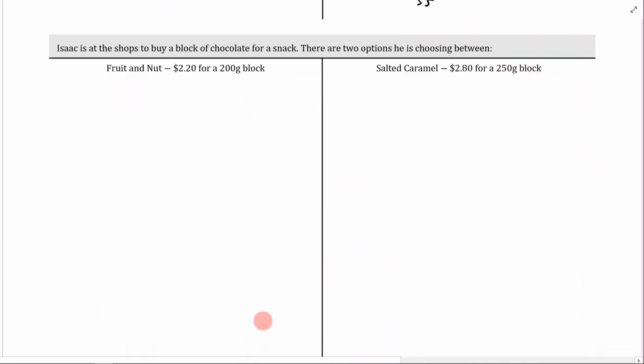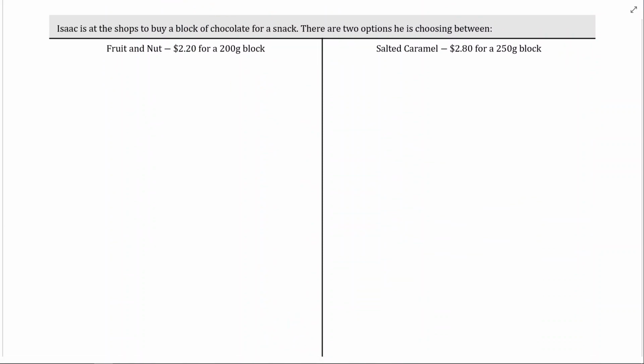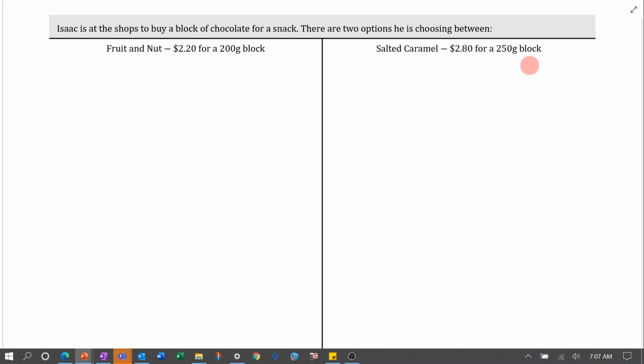Let's keep on going. This is a good question right here, and one in which we're going to go about things a little differently. So for this example, it says Isaac is at the shops to buy a block of chocolate for a snack. There are two options he is choosing between: fruit and nut for $2.20 for a 200 gram block, or a salted caramel for $2.80 for a 250 gram block.